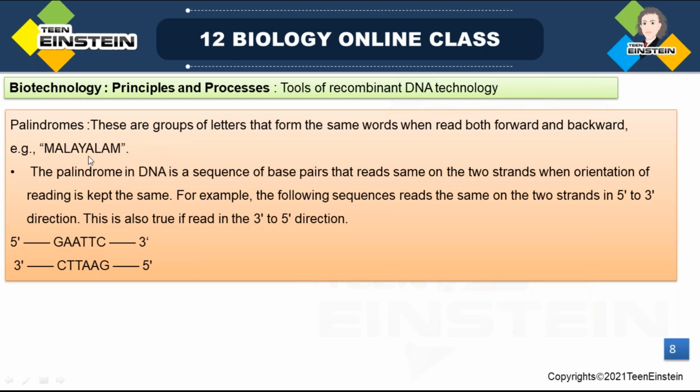If you read in the opposite direction, from right to left, M-A-L-A-Y-A-L-A-M, it gives the same letters, and from right to left you read the same word, Malayalam. It forms the same word when we read in both directions.